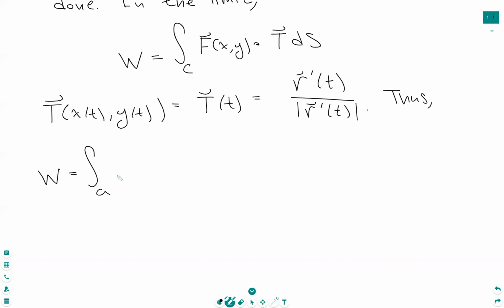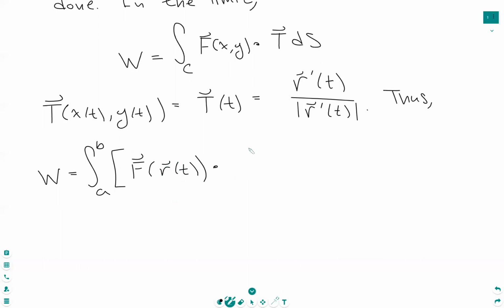The integral from a to b of F with the parameterization plugged in. So this is x of t and y of t. It's more general for higher dimensions, like arbitrary dimensions, to just put r of t in here.